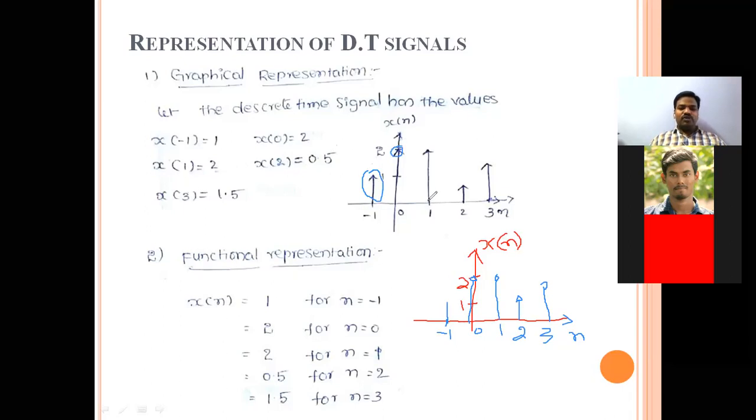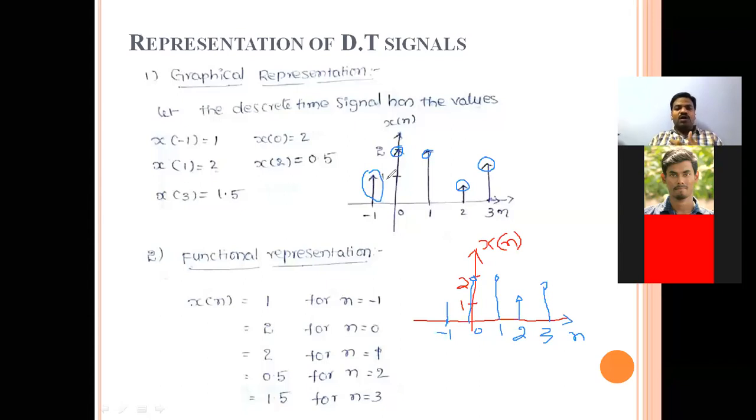At n is equal to 1, x of n has magnitude 2. At n is equal to 2, the magnitude is 0.5. At n is equal to 3, the magnitude is 1.5. That means only at n is equal to -1, 0, 1, 2, 3, the signal x of n is defined, and for all the remaining values of n, the signal is not defined.